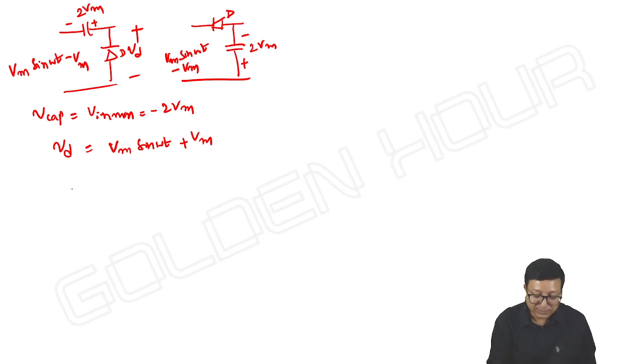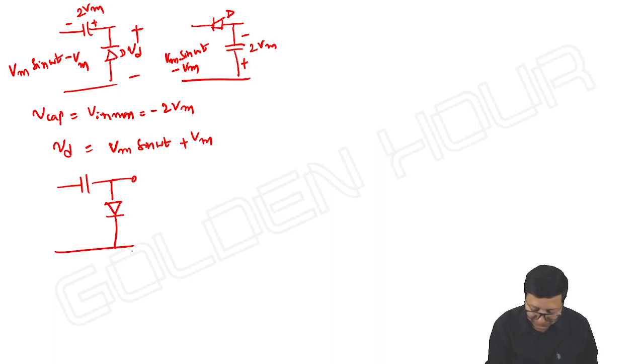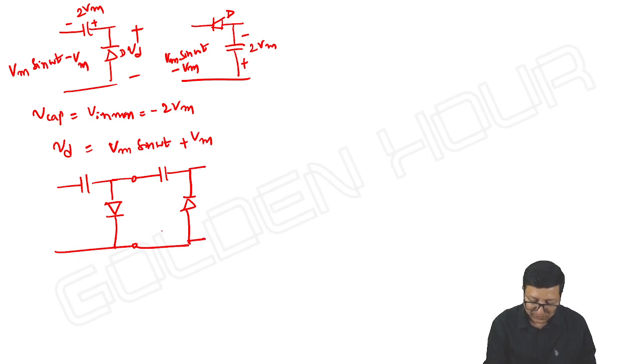Now, how to achieve Vm sin omega t minus Vm? It is nothing but the output of a negative clamper. So, let us take a negative clamper. After the negative clamper, what we can write here is Vm sin omega t only.